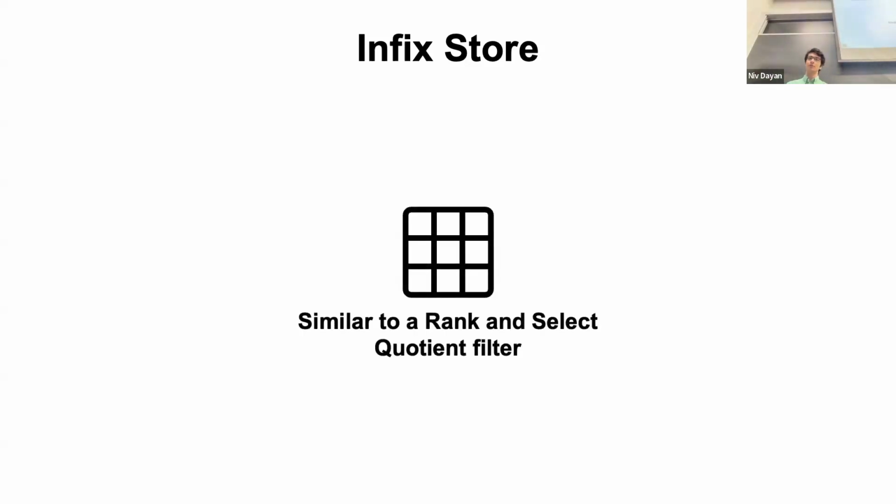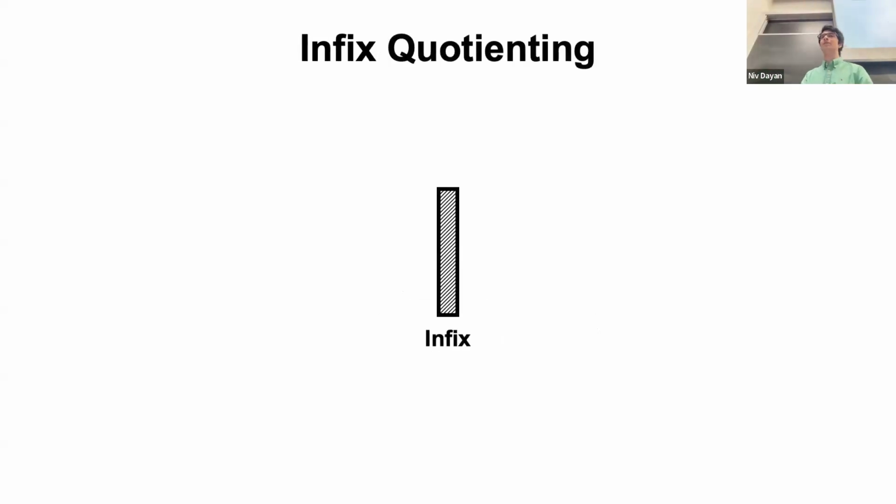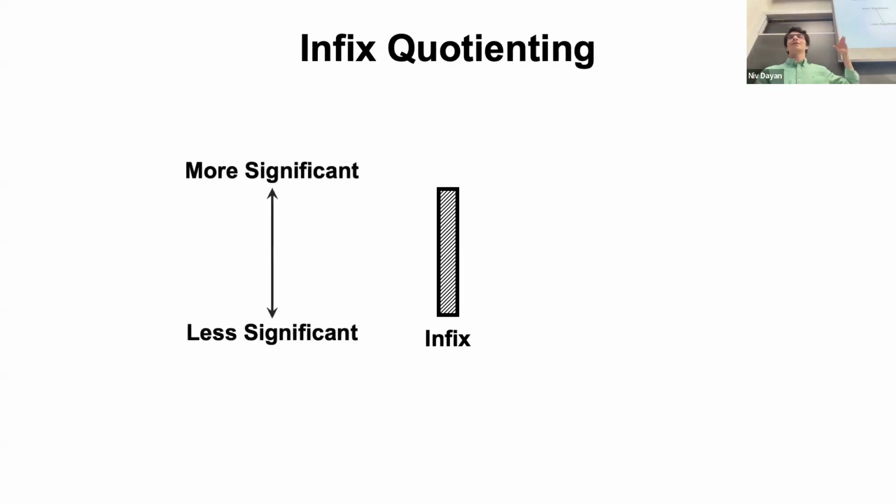So an infix store is a structure that's very similar to a rank-and-select quotient filter. The first point of similarity comes into play because you're doing quotienting. In this figure again, the more significant bits are shown on top and the less significant bits are shown below.